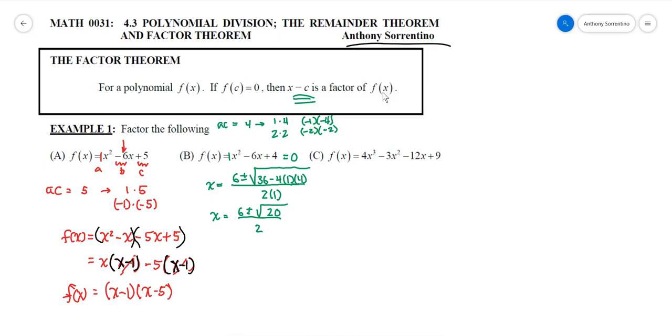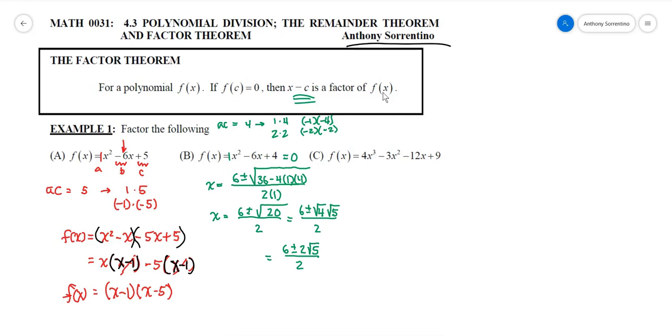The square root of 20 can be simplified or split up into square root of 4 times square root of 5, with the square root of 4 being the largest perfect square that goes into 20. And therefore, I would end up with 6 plus or minus 2 square root 5, all divided by 2.